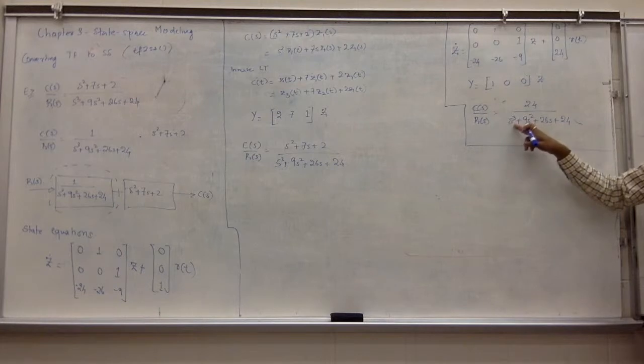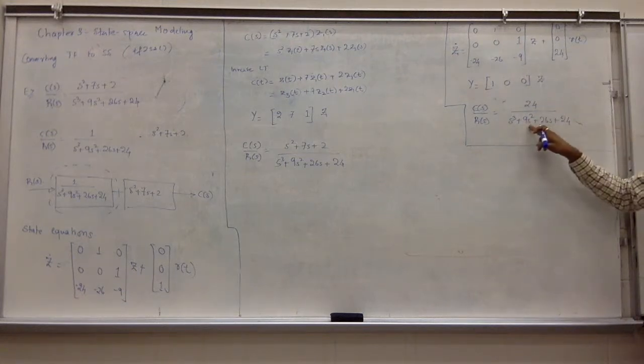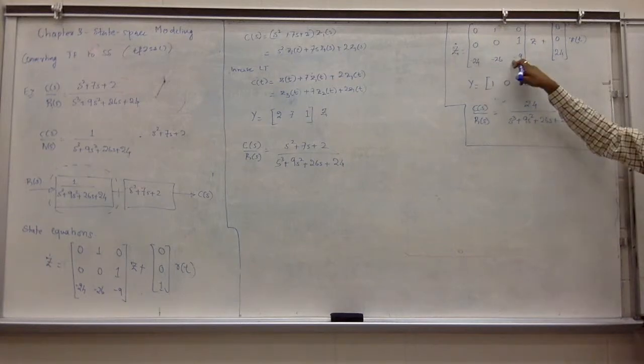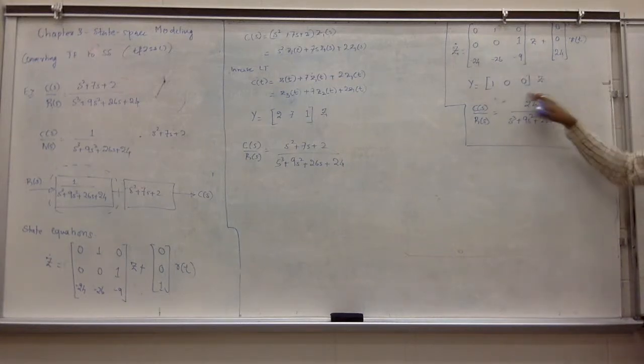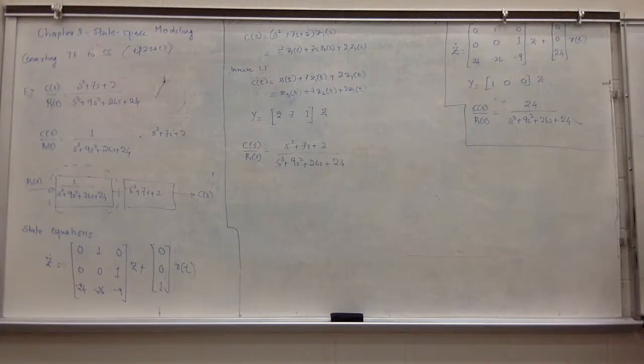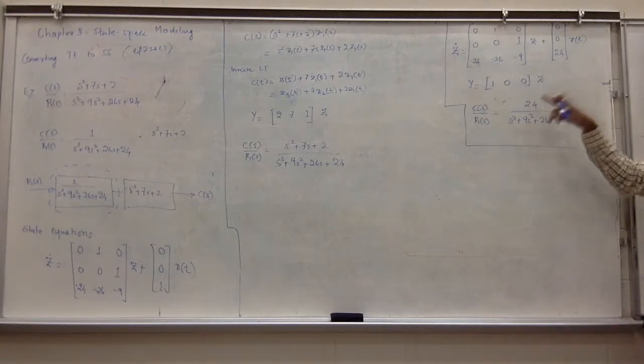the polynomial. So if you look at the polynomial, it is minus 9 into Z3, right? So this is Z1, minus 24. This is Z2, minus 26. This is Z3. And whatever is here will go as input.